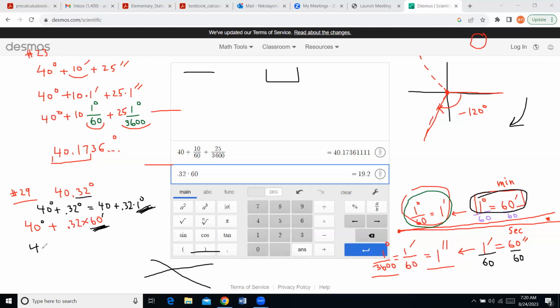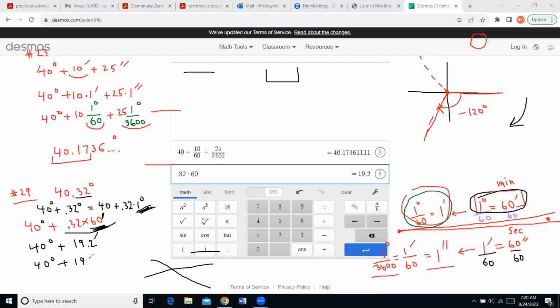So anyways, it looks like now this 40 degrees will be added to the product of these two numbers, right? And that happened to be 19.2. And notice these are already minutes, because instead of degrees, I put that little prime, for minutes. So now I know that this is 40 degrees plus 19 minutes.